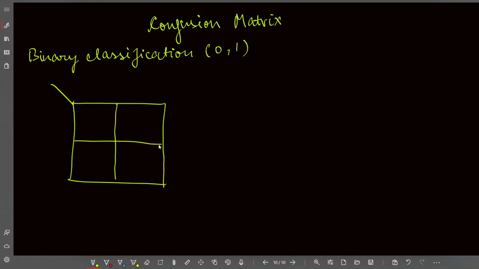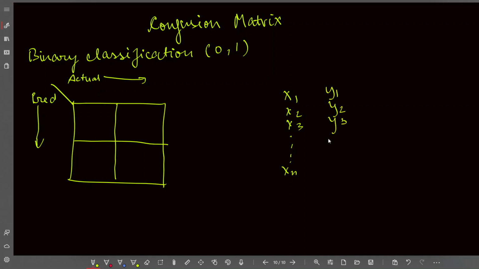It's classified into two parts, 0 and 1. Over here, I take all the actual values, and over here, I take all the predicted values. What are actual and predicted values? If I have x1, x2, x3, all the way to xn, and I have the class labels as y1, y2, y3, all the way to yn, then these class labels are the actual values.